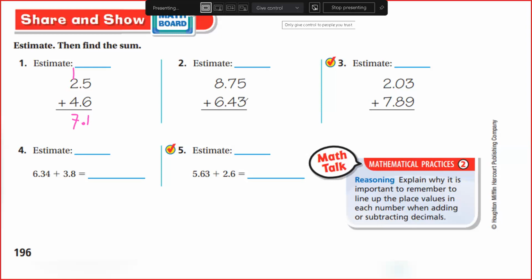Five. No, Sarah. Yalla, 5 plus 3. 8. 7 plus 4. 11. Then 6 plus 8 plus 1. 15. So it will be 15.18.